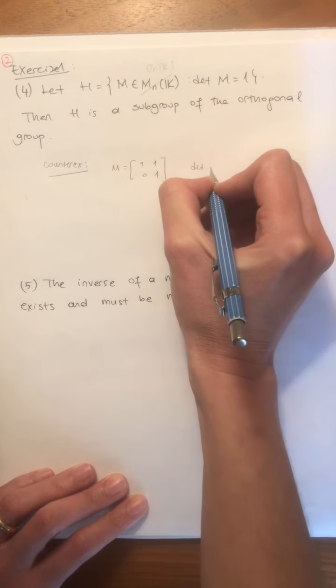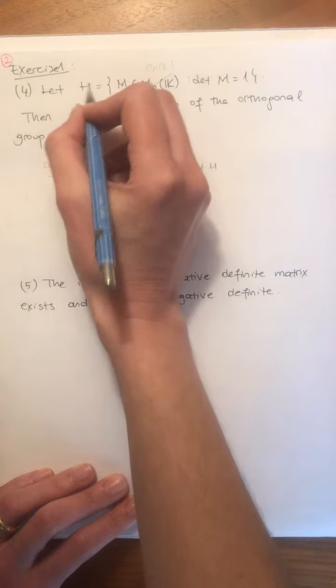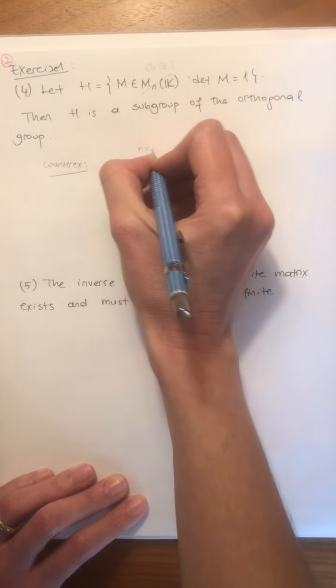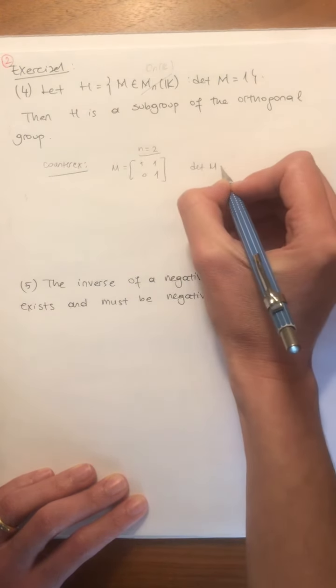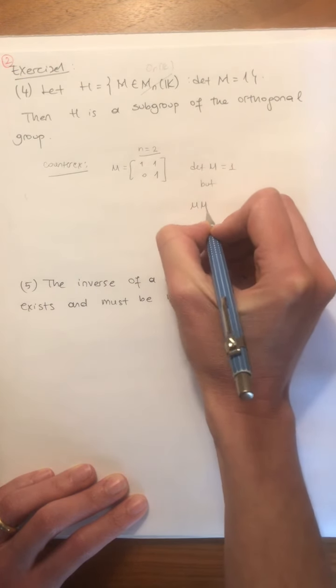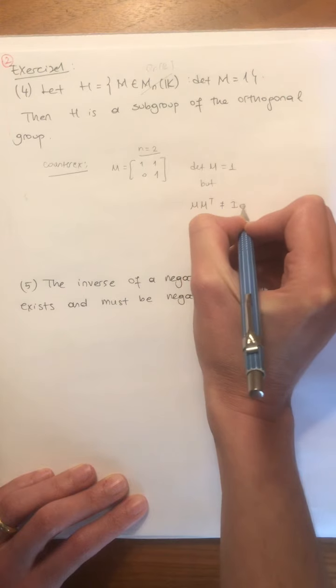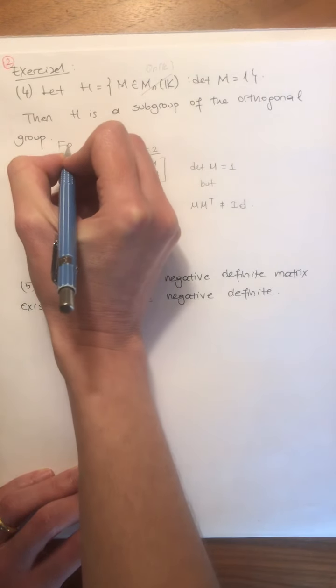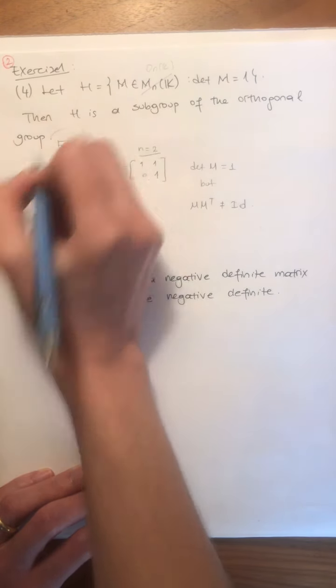Obviously, this M belongs to the H. But M M transpose is not identity. So the statement is false.